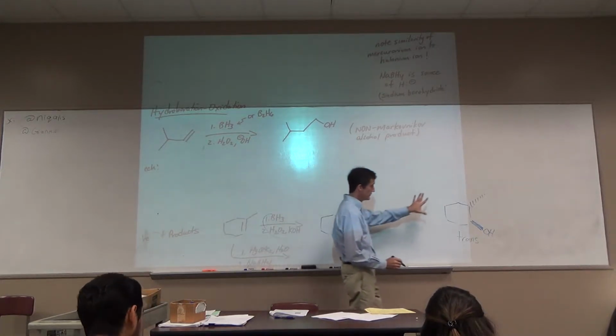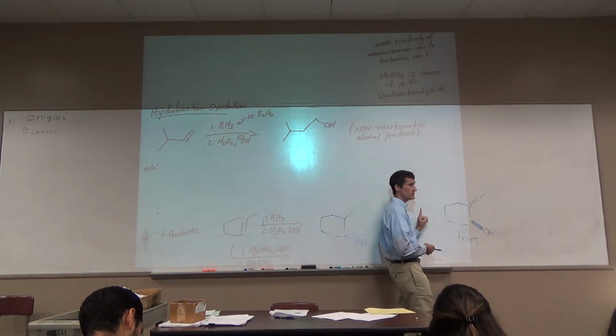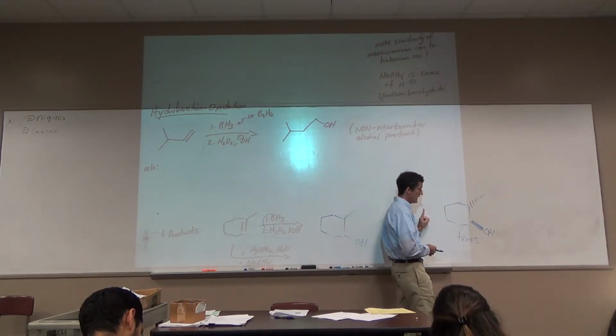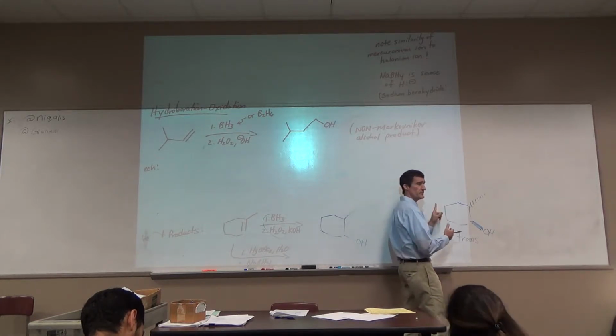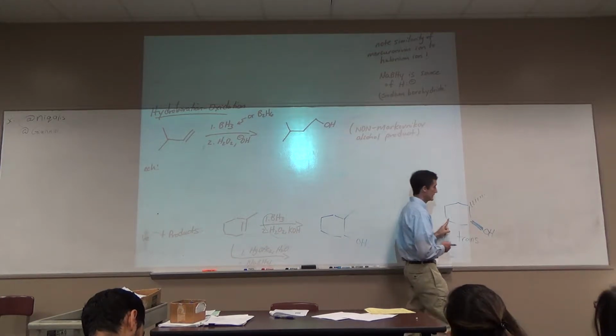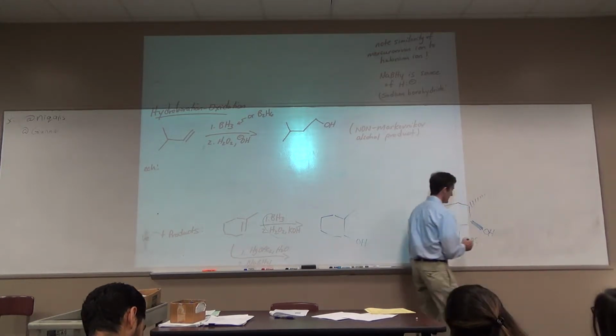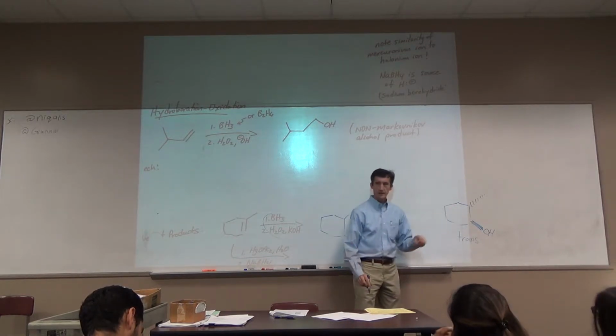Now, since I showed this trans, let's continue. Let's think further about stereochemistry. Is there another way to show trans? That is, can I further consider stereochemistry? Yes. Let me ask you this. Does this structure have an enantiomer?